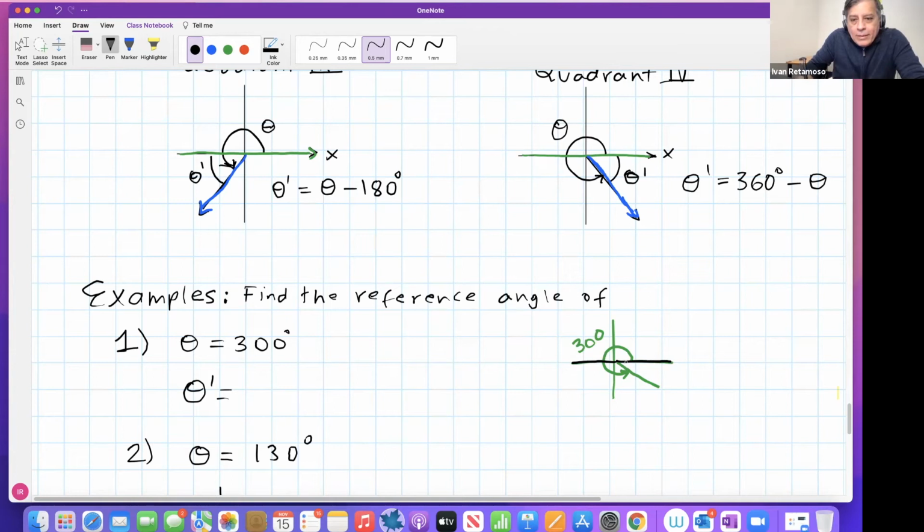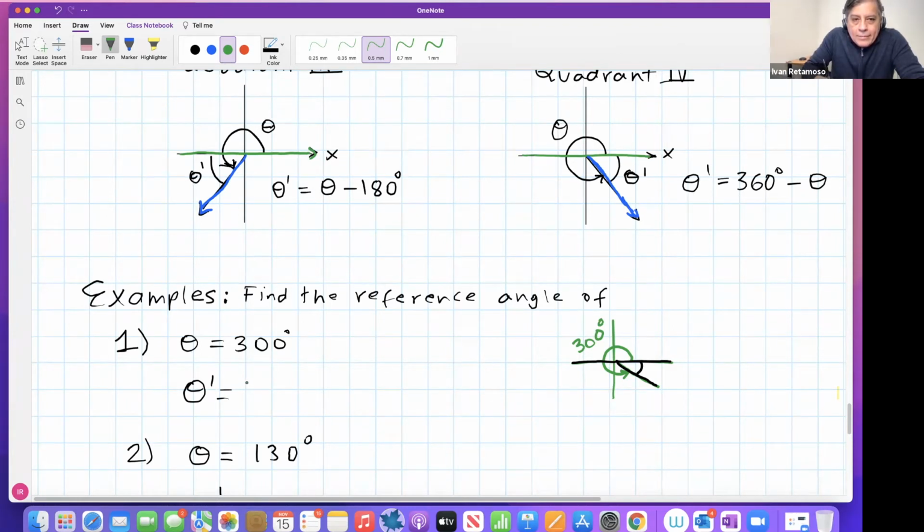The angle formed by the x-axis and the terminal side, right? This should be the reference angle, right? So clearly it's 360 minus 300 degrees, right? So this is what the formula also says. So either by drawing the angle on an XY coordinate system or by following directly this formula, you should be able to get it.